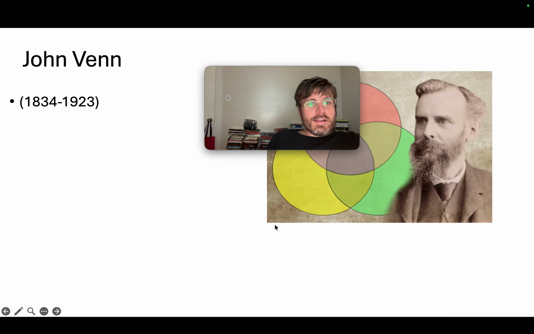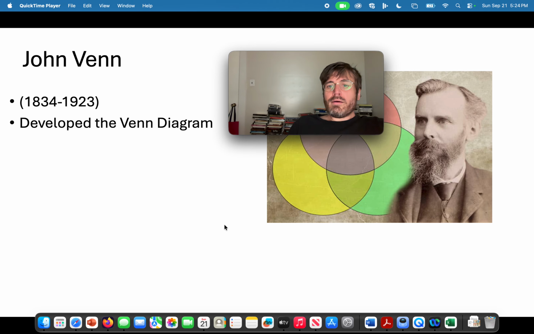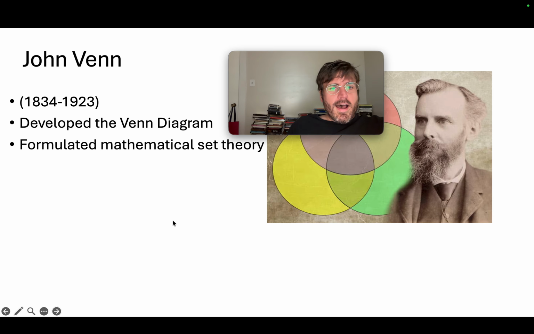He is similarly a 19th and partially 20th century figure who designed the Venn diagram, which perhaps we're all familiar with. We're going to see how it works in logic. He also is a key figure in the development of set theory. So there's a good deal during this period of intellectual history of overlap between mathematics, logic, metamathematics, and the foundations of essentially what became software.